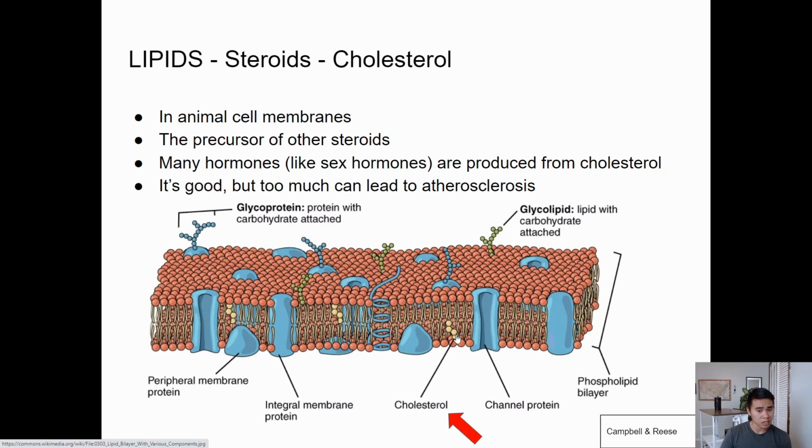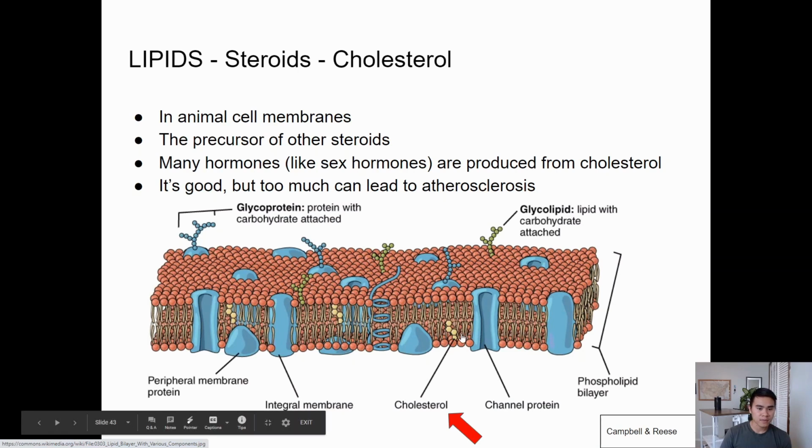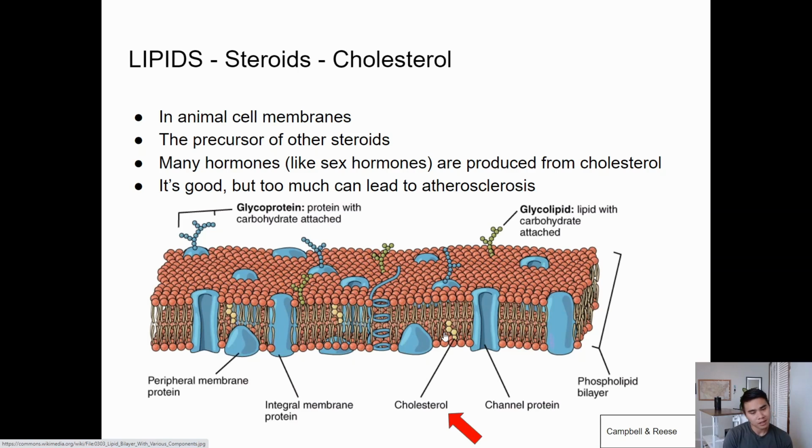Are they polar? Are they non-polar? You can probably predict that just by the way that it's embedded into the non-polar hydrophobic tail, which gives you an indication that it doesn't have anything polar within it, which is why this part of the cholesterol is inside there.